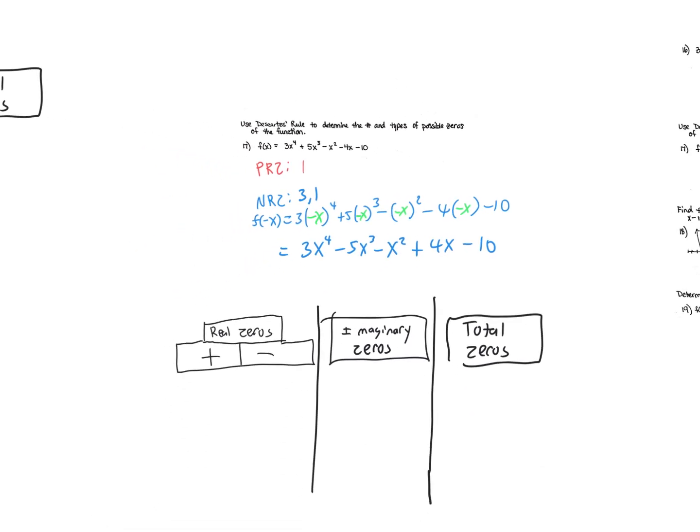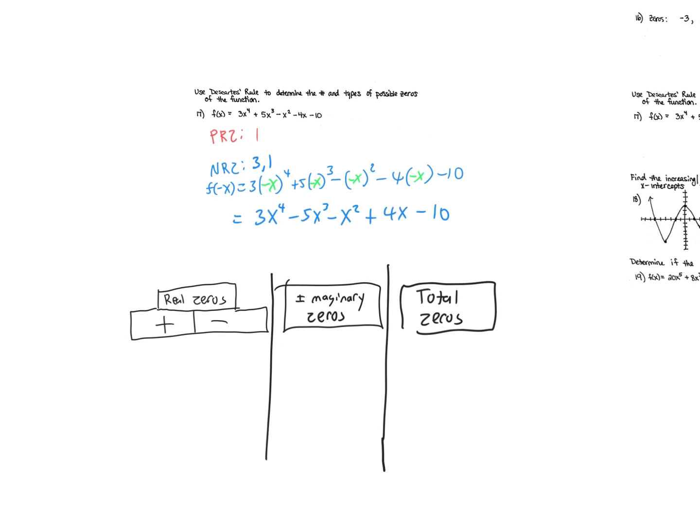Now, we know that the total zeros must be 4, generally speaking, because the degree is 4. Now, if it's the case that we have one positive real zero, well, then you would have to imagine that that could be paired with one negative real zero.